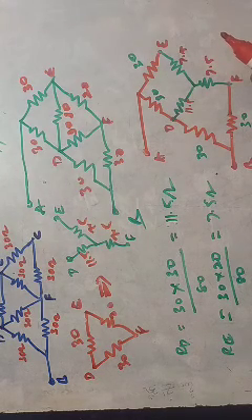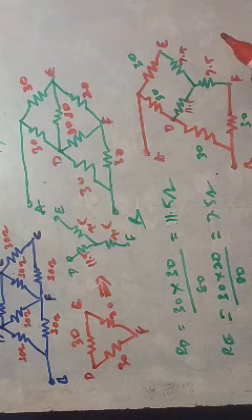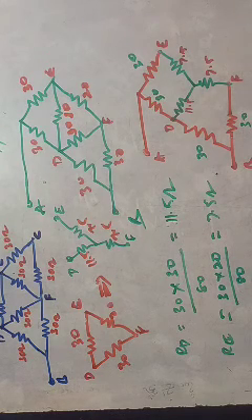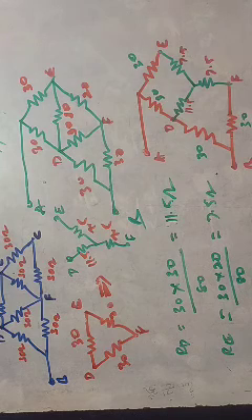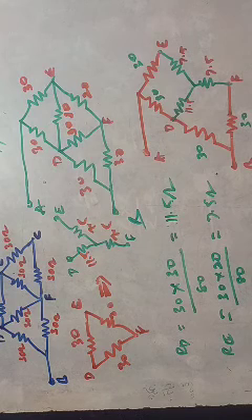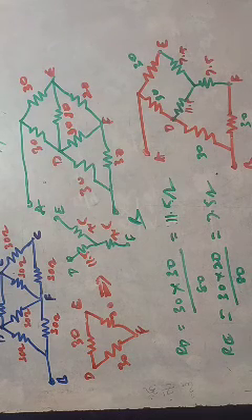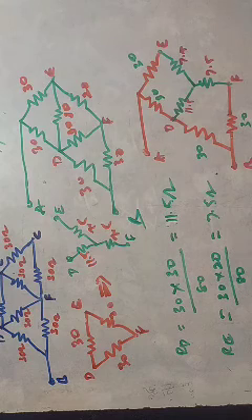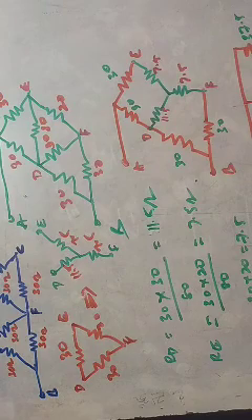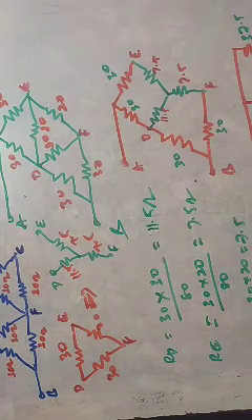So this can be written as 37.5, this is also 37.5, this is 11.5, this is 30, this is 30, this is B, and this is A.